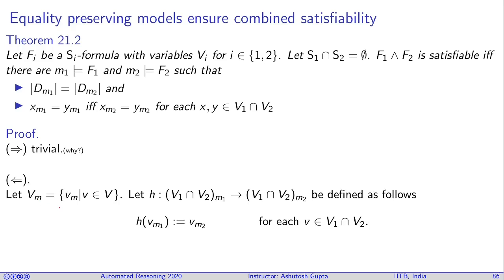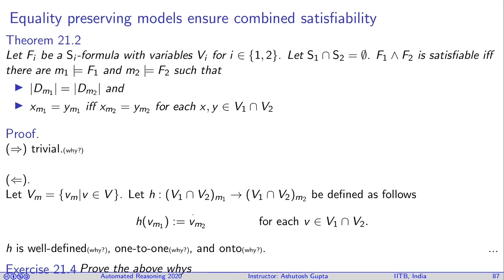Now let's construct an h as follows, which maps all the values that are assigned in M1 to the values that are assigned in M2. Essentially, just pick the value that was assigned in M1, map it to the assigned value in M2, for each V1 intersection V2.